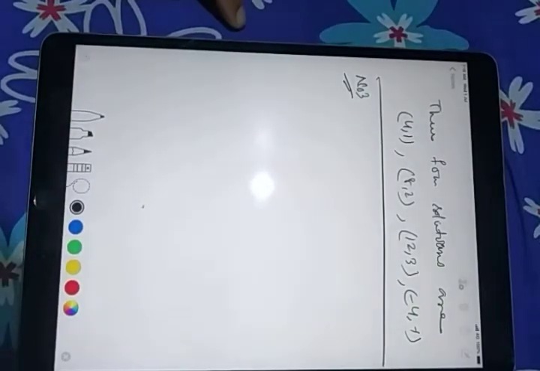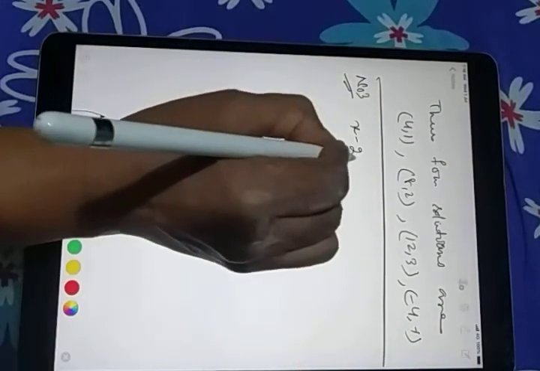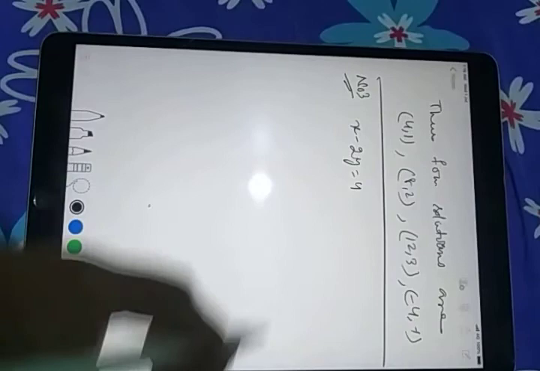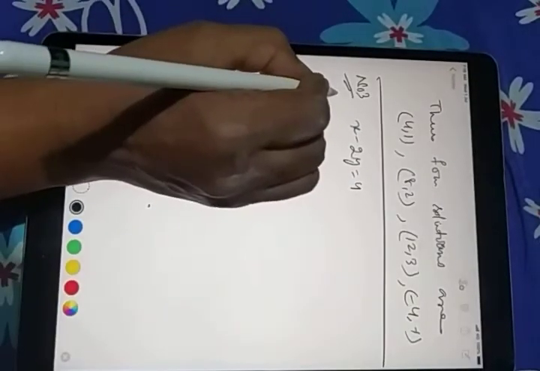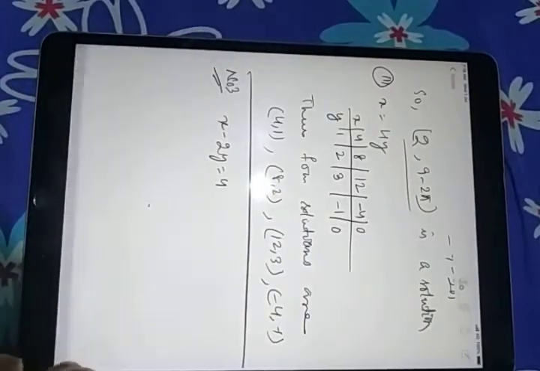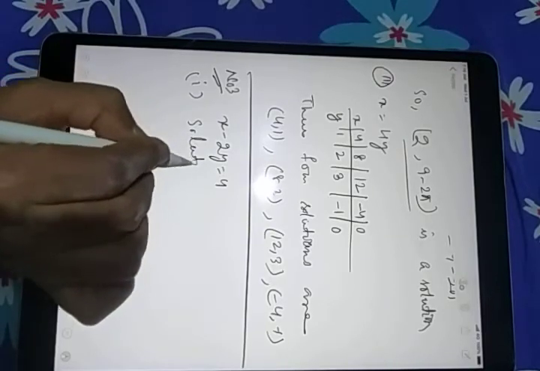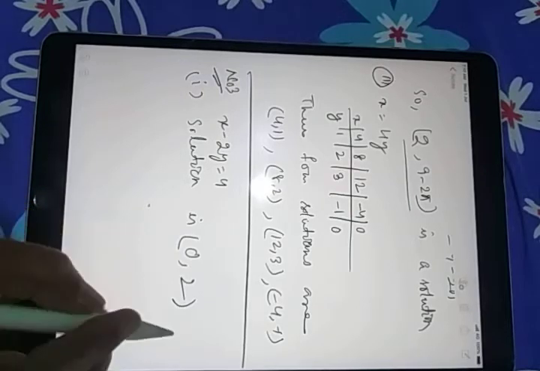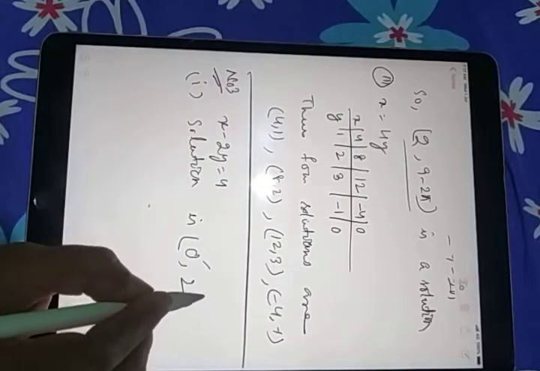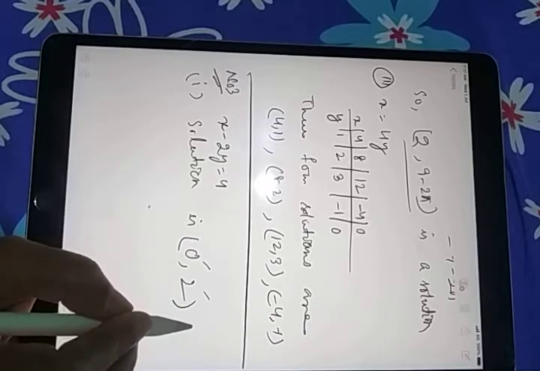One of the solutions is (0, 2) in the first part. That means here x is 0, y is 2. We will put the value of x and y in LHS.